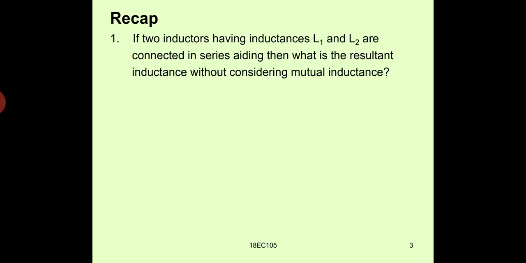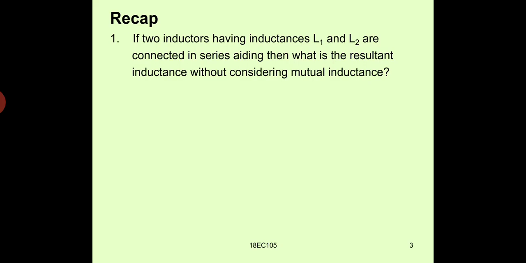Now let us recap what we discussed in the previous session. If there are two inductors having inductances L1 and L2 connected in series aiding, then what is the resultant without considering the mutual inductance?